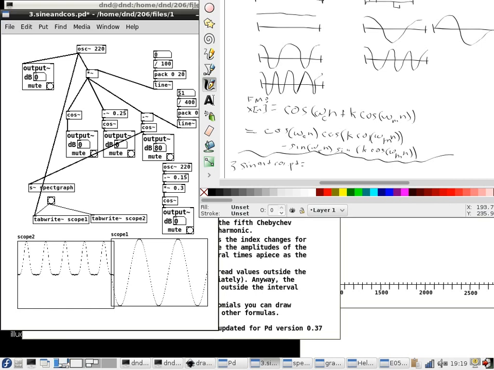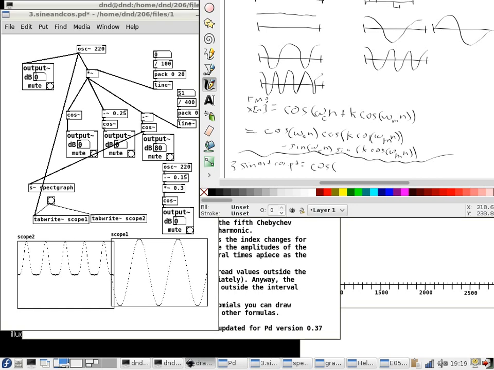There what we did was we said cosine. The expression goes from the outside in, so it's cosine of, and now we're going to subtract something, so I'll put this in first and then subtract that.